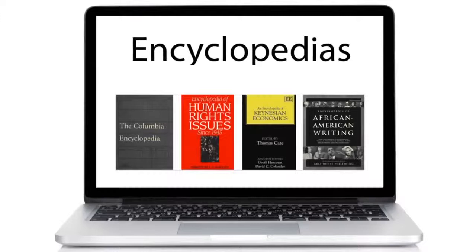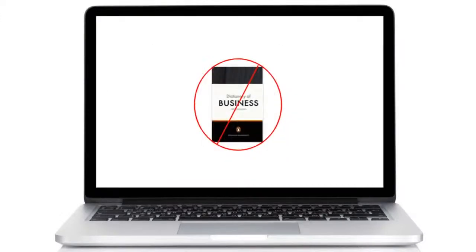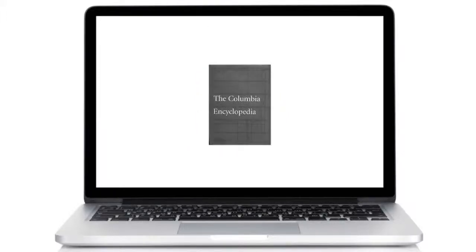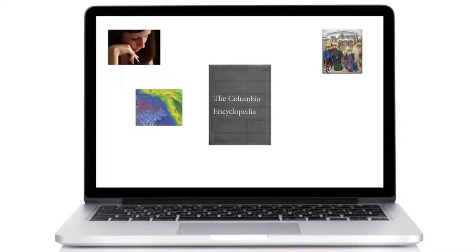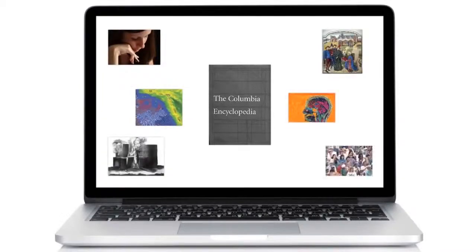Encyclopedias are intended to inform you about a word or concept. Unlike the short entries you'll usually find in dictionaries, encyclopedias are composed of lengthy articles packed with information. Articles can be about people, places, events in history, concepts, and more.